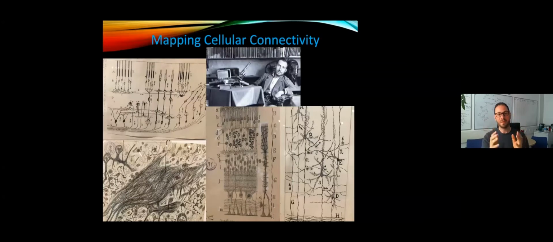The real insight from this came from the fact that the cells were existing as systems of interacting cells that came together to create complicated systems greater than the sum of their parts. And he even had the insight to realize, if you look at this picture down on the bottom right, that the neurons had a directionality to them.